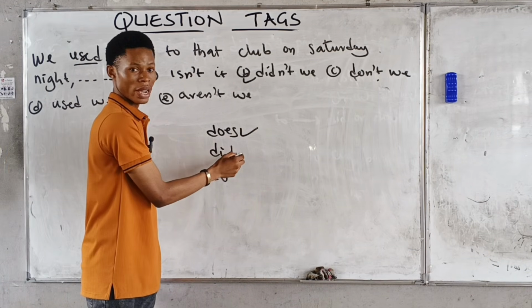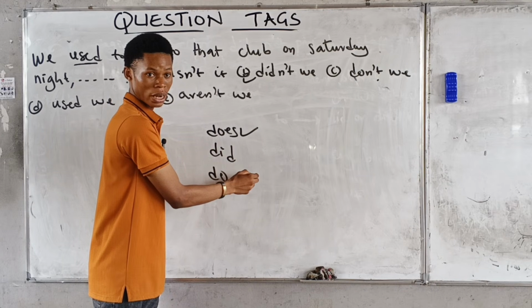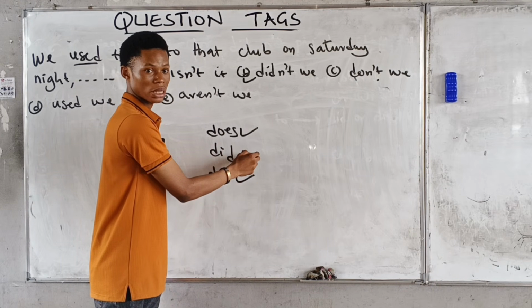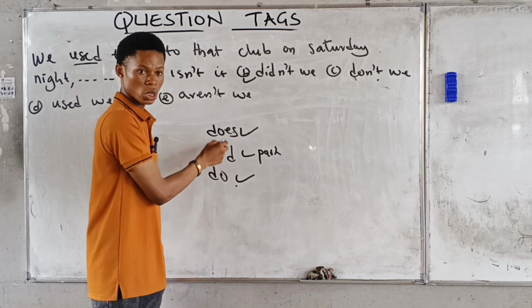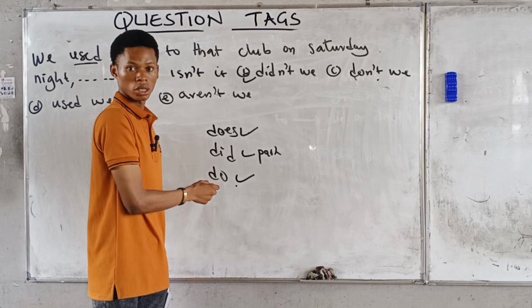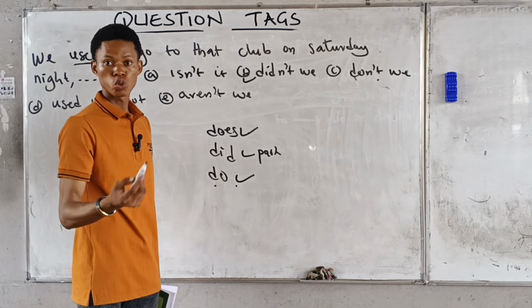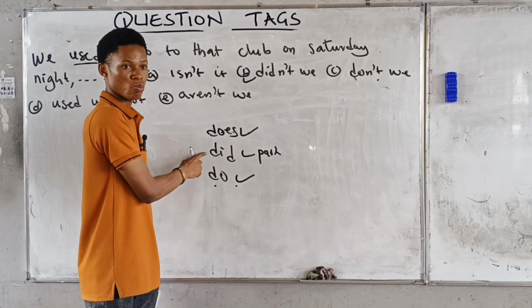Does is what? Singular, right? Singular present, right? Do is what? Plural. And this is what? Past. This is past tense. This is present, but this one is singular, this one is plural. Is it not? He does the work very well. They do. Do you get? So this one is singular, this one is plural, this one is past tense.